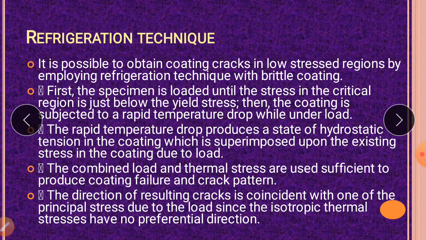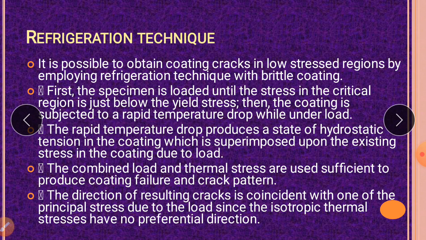Means there are two types of stresses that develop. One is the hydrostatic tension stress, and the second one is the stress due to the loading. The combination of load and hydrostatic thermal stresses is sufficient to produce the coating failure and crack patterns.